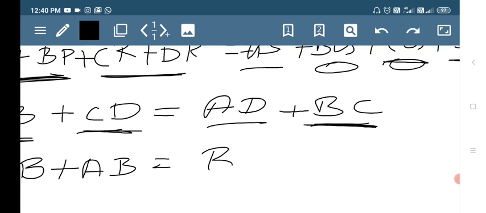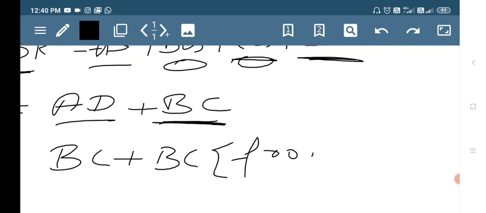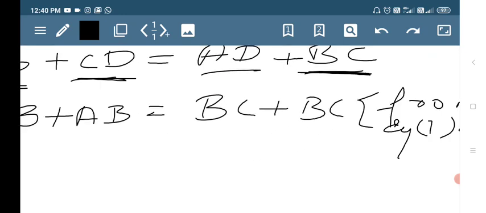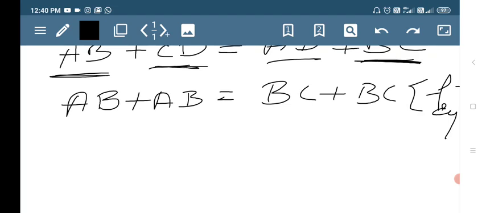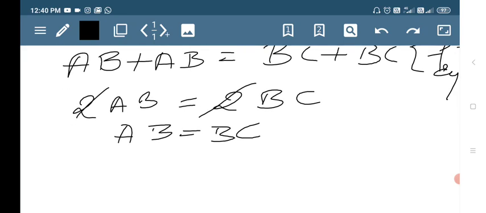So instead of AD I will be writing BC itself, from equation 1 and equation 2. So AB plus AB is 2AB, BC plus BC is 2BC, 2 cancels, AB is equal to BC, right?